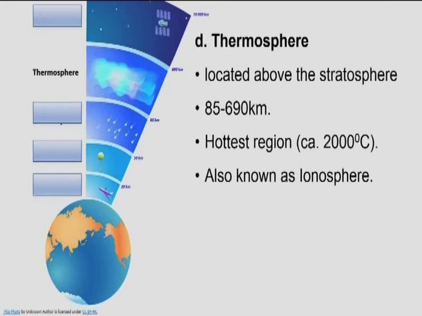It breaks down molecules into ions, oxygen molecules into ions, nitrogen oxides into ions. So in that way, it is also known as the ionosphere, because it breaks down these molecules into ions in the thermosphere.